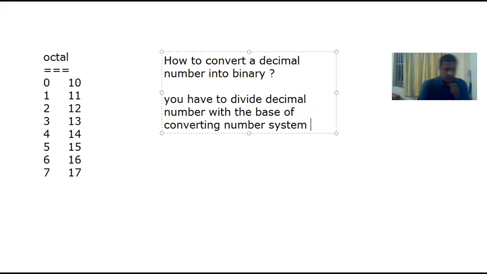That means I want to convert this decimal number into binary, and binary's base is 2, so I'll divide this number by 2. Now, this is universal. If you look at this, I did not say only binary, I said the converting number system. The meaning is: in whichever number system you are going to convert your decimal number. In this case, I am converting my decimal number into binary, so my objective is dividing by 2.